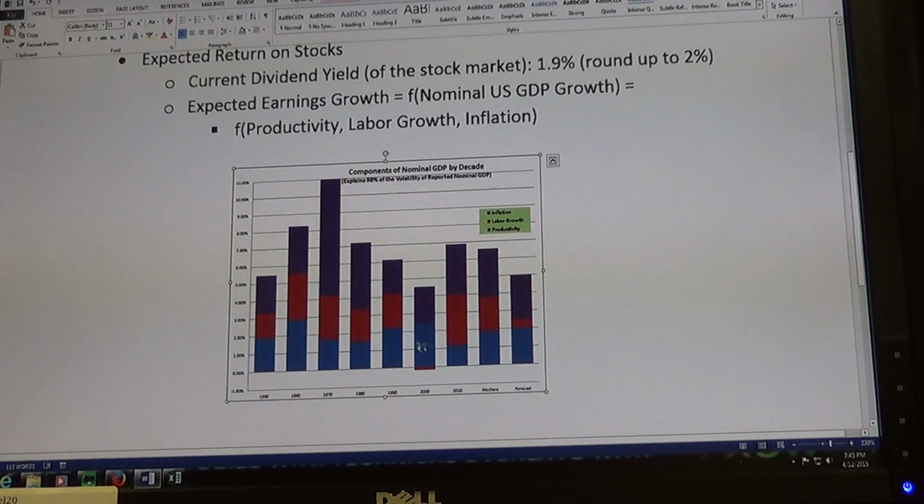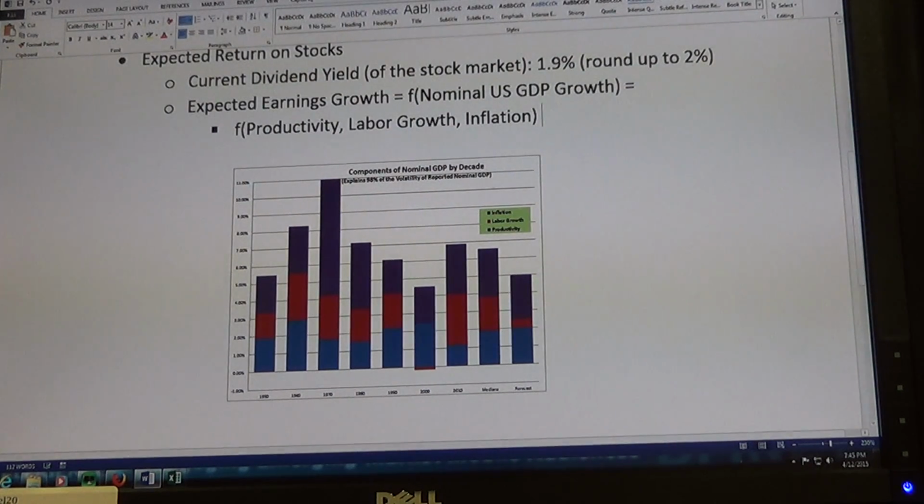2% has been a pretty good number historically for the U.S. Employment growth has been anywhere from negative or 0 to 1%, and inflation has been anywhere from 2 to very, very high in the 70s. But the goal is, what do we expect going forward?